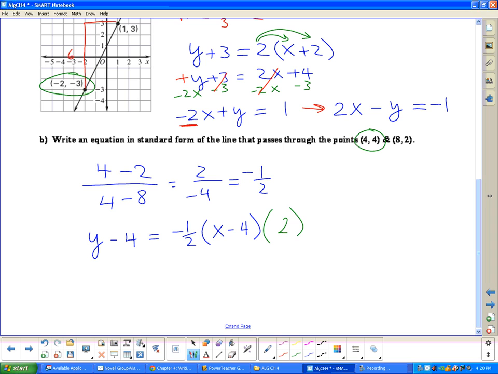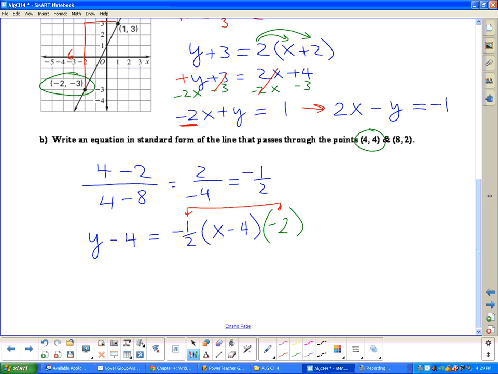And not only that, I also want to get rid of the negative part of the -1/2, so I'm going to multiply by a -2. Okay? And by doing that, then those two will cancel out. Now, I can do that, it's a legal move, but only if I also do it to this side. And I'm not doing it in the same direction, but that's okay.